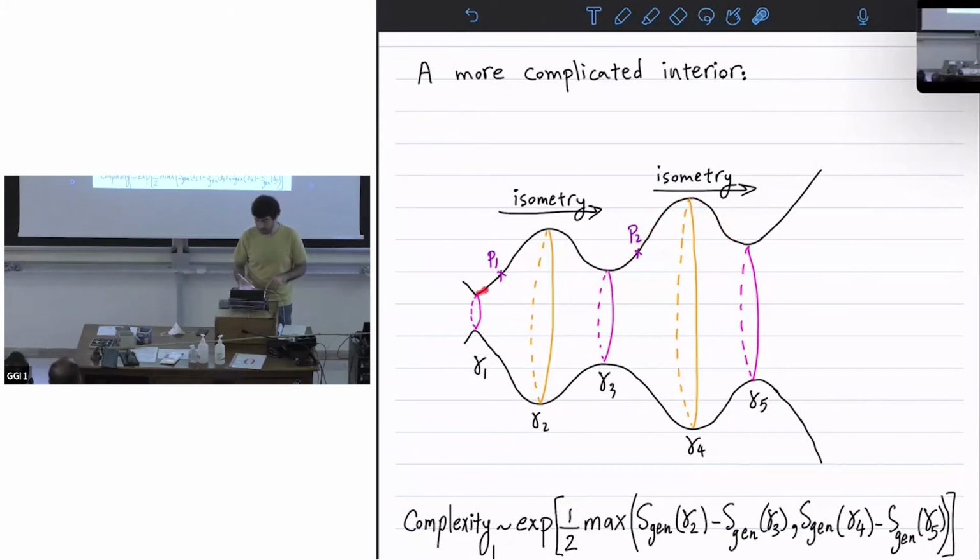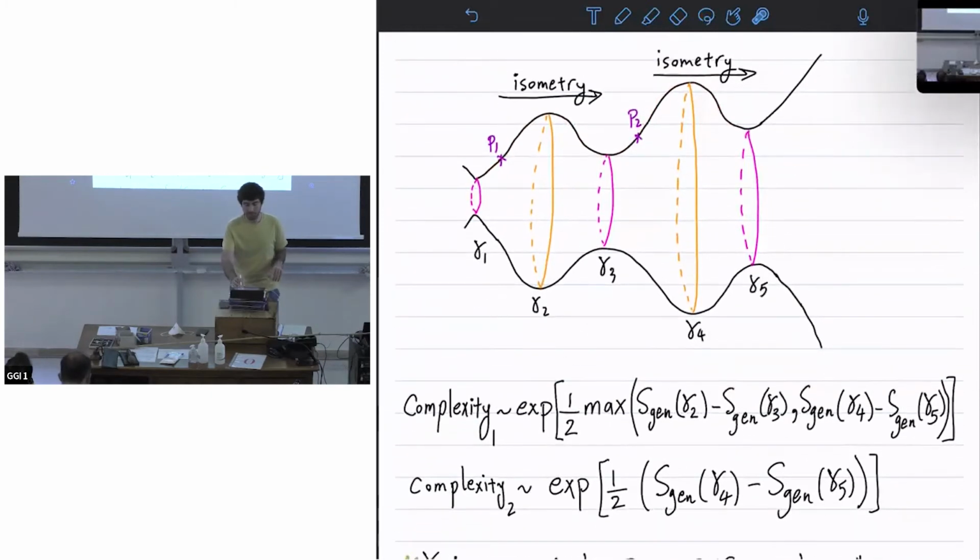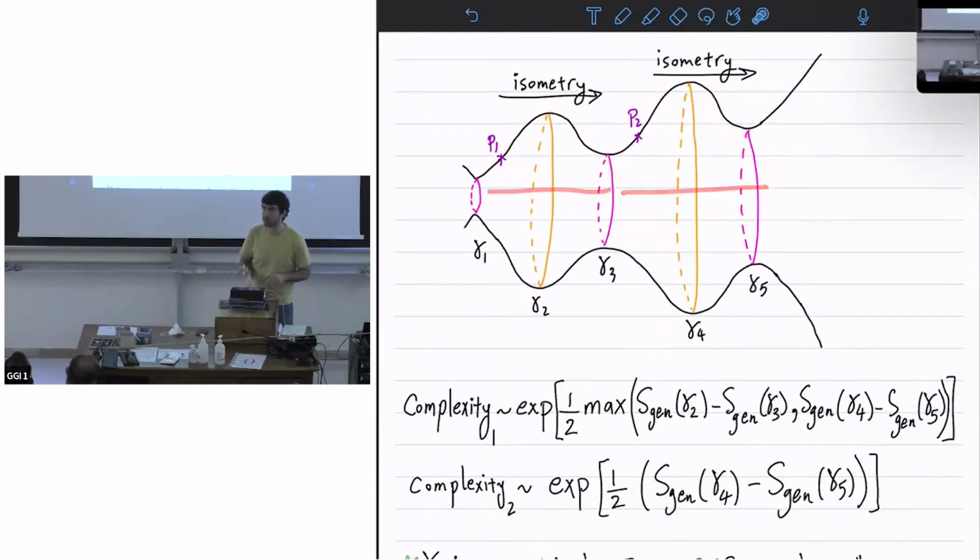In each lunch, I'm adding more qubits than post-selecting. So for example, if I'm interested in the complexity of an operator at P1, I can just run both of these isometries. So the complexity is dominated by the bigger complexity of the two. The exponent in the complexity is given by the biggest drop of generalized entropy in the quantum extremal surfaces, either here or here.